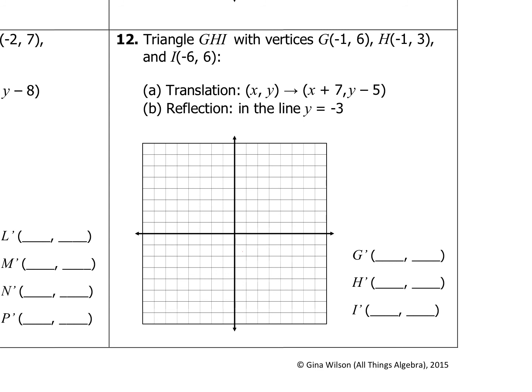So -1, +6 should be right here, so that's our G. And then -1, +3, that's our H. And then -6, that's our I. So if I connect, these are the straight edge, I get a lovely little triangle.